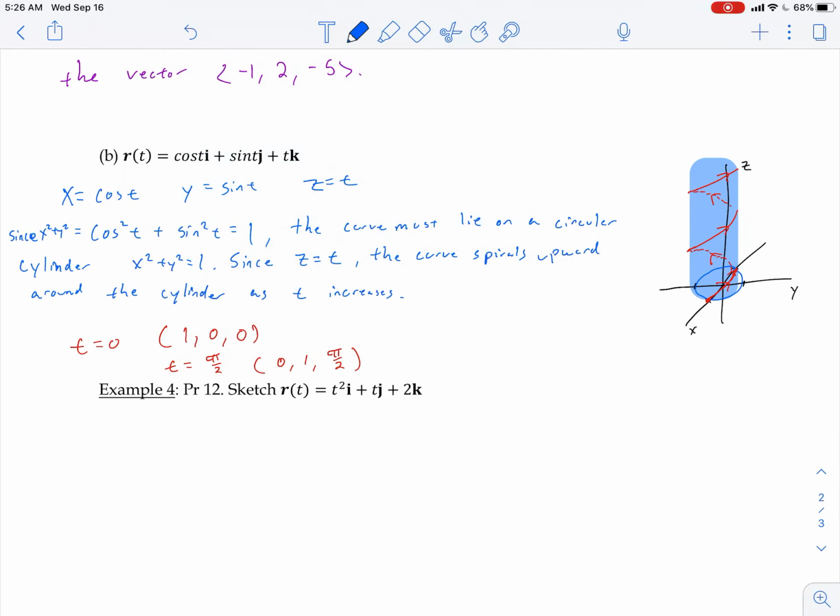And so the curve spirals, and to be more specific, the curve spirals in a counterclockwise direction upward around the cylinder as t increases.